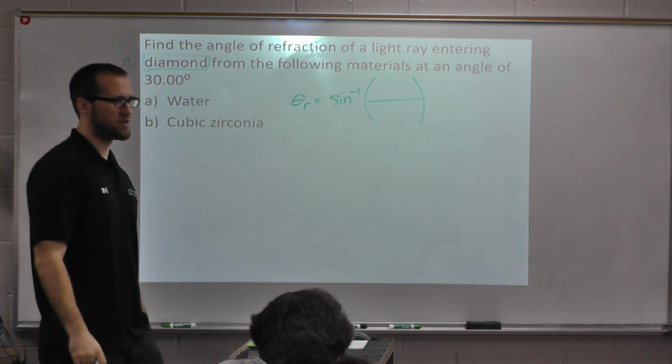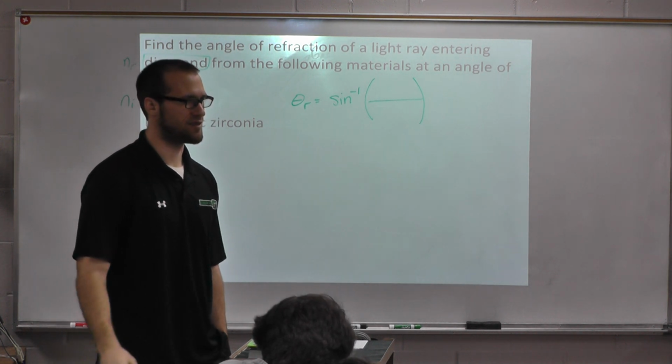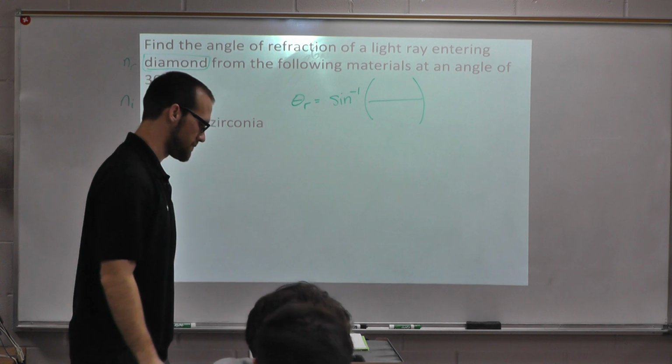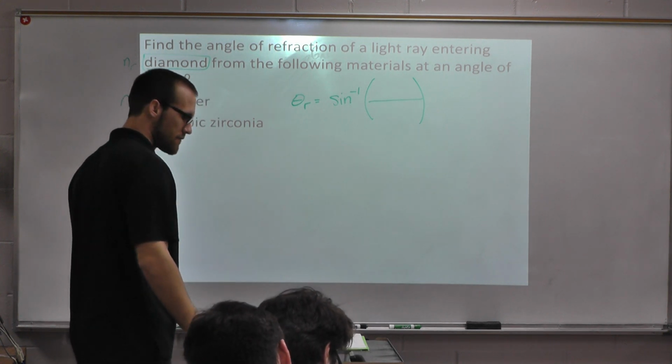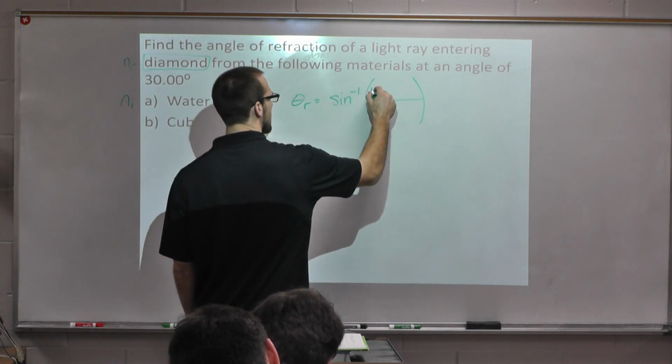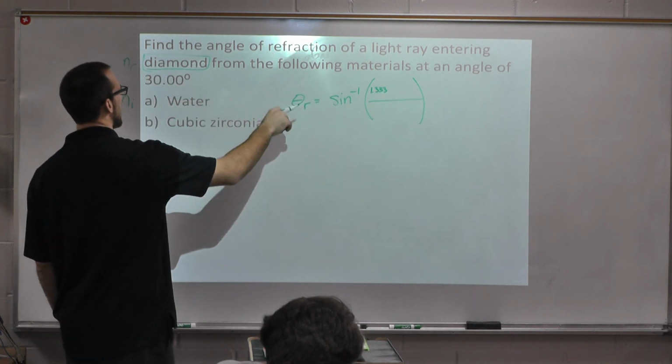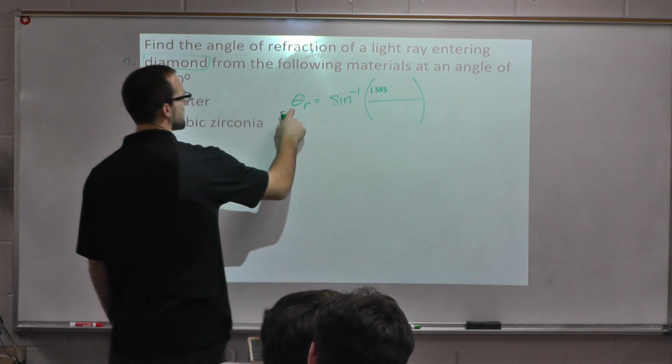Anytime you're finding an angle, you can just assume you have to take the inverse of sine. You would plug it in. Wait, what are you saying? The angle of refraction, it's that one.